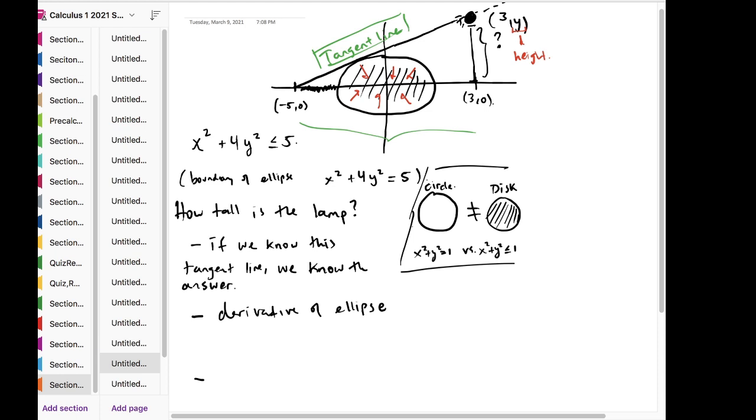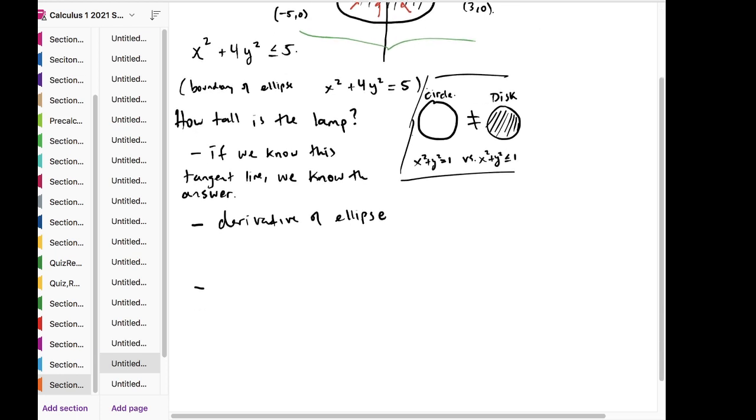Let's say we found the derivative of the ellipse. Just having it isn't enough, because how do we know what to plug in? We don't know what this point is.